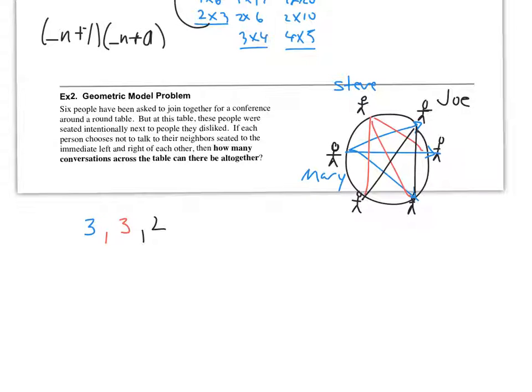Next, we've got Stephanie. How many conversations is Stephanie going to have that she's not already having with somebody? 1. Now we get to this person over here, Rick. How many conversations is Rick going to have that he's not already having? 0. And the last person is already having 3 conversations.